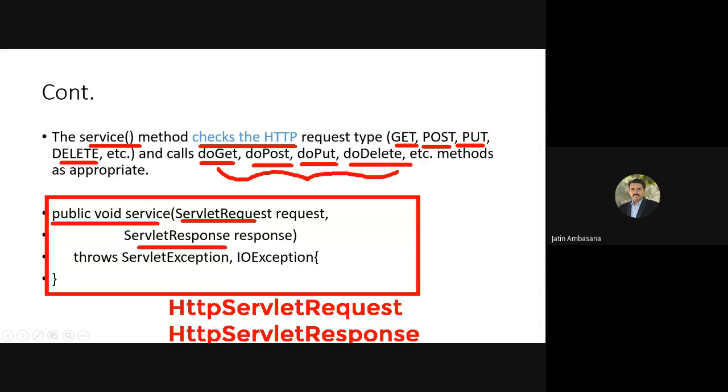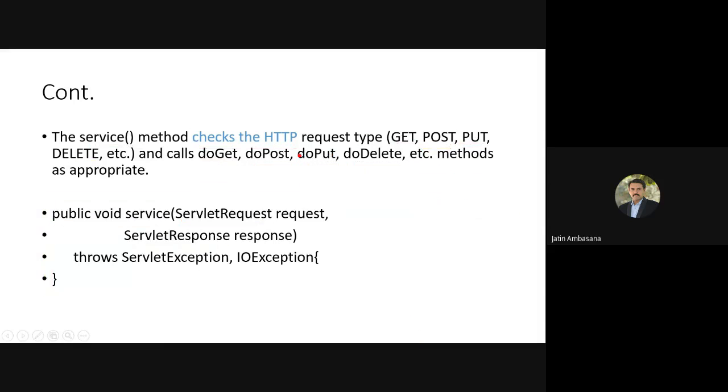These we have to define in our servlet that we have made. Suppose you don't define doGet and you are trying to generate a request using method get, then obviously that will give you an error. I'll show you how that happens.